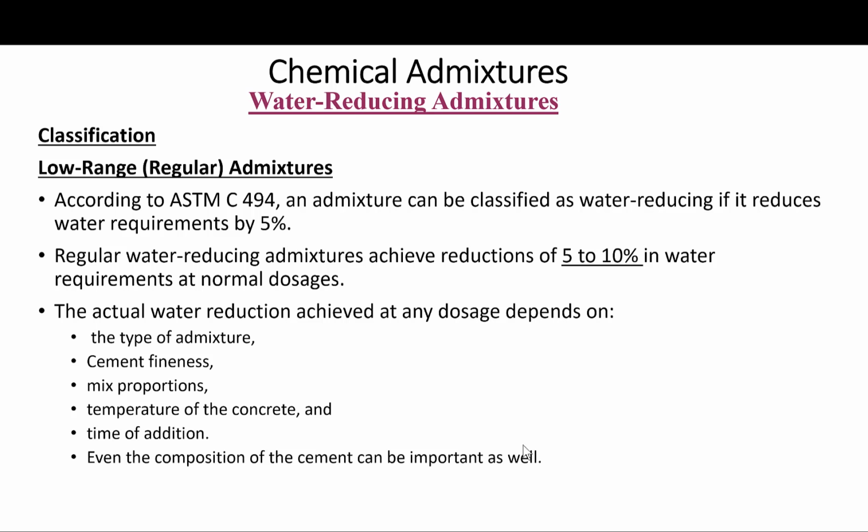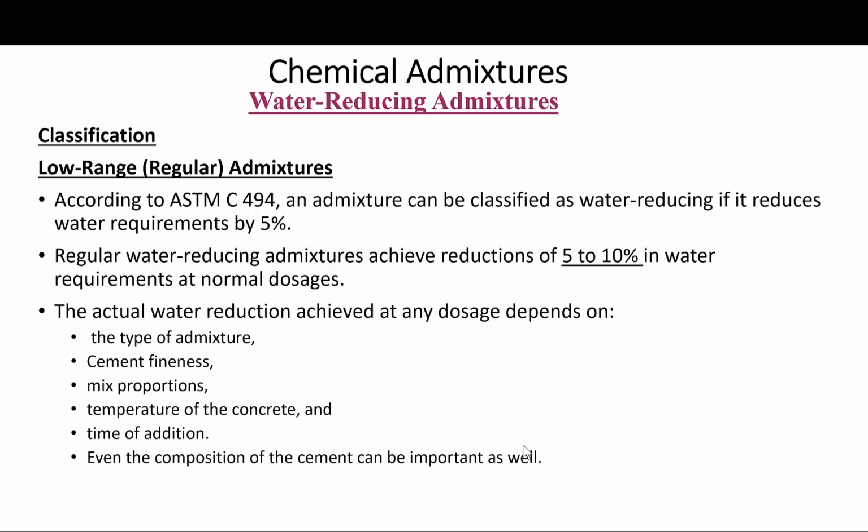The water reduction achieved at any dosage depends on the type of admixture, cement fineness, mix proportions, temperature of concrete, and the time of addition. So, many variables. You always have to be careful when using any admixture in general.